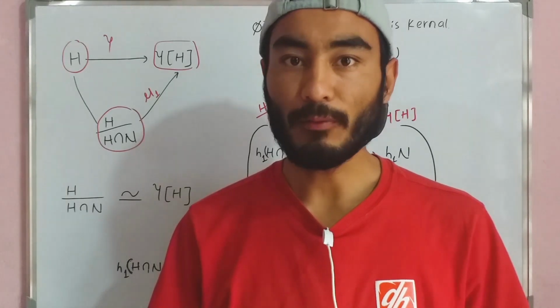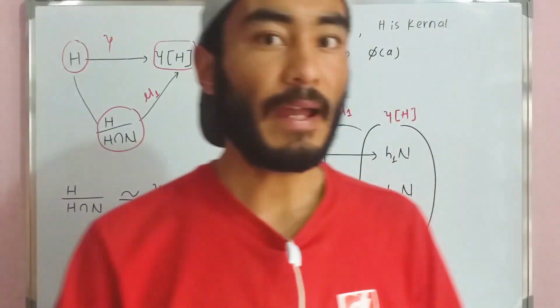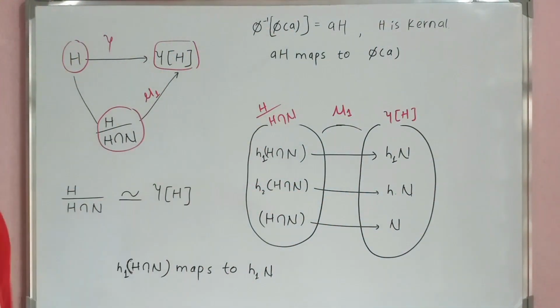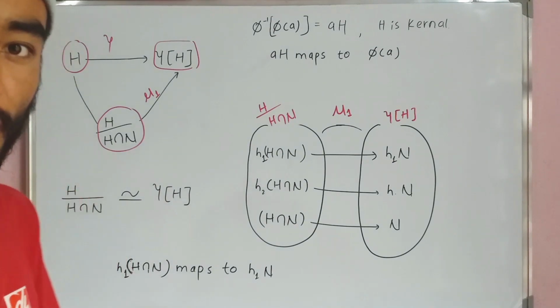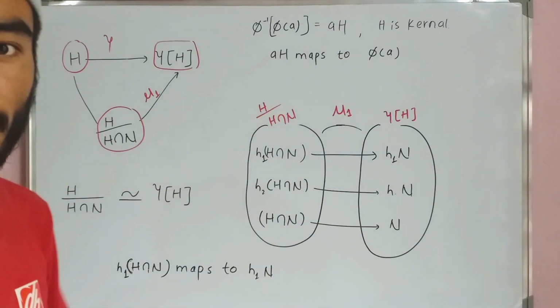Now let us define mu1. And if you remember from our previous theorem, if phi is a homomorphism with kernel K, then we have phi inverse phi A equals AK. This means the elements of the domain that map to phi A are the elements of the set AK.